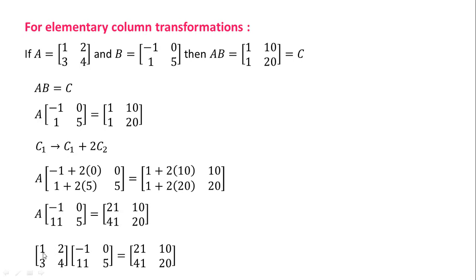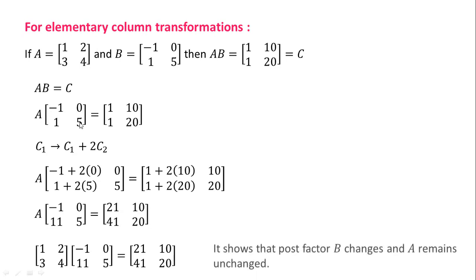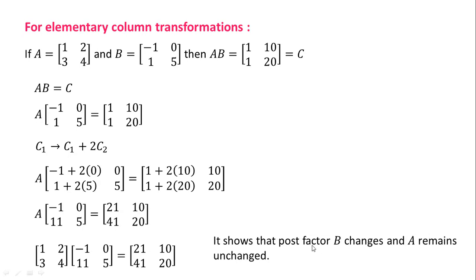Now if you take this product properly, then you will get this answer. So equality remains as it is. While performing elementary column transformations, you have to change the post factor only. Okay, so here in this case it shows that post factor B changes and A remains unchanged.